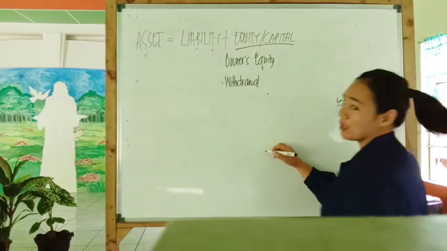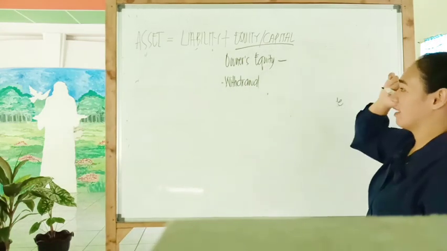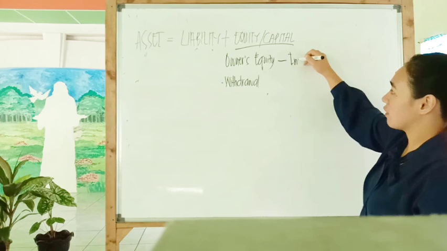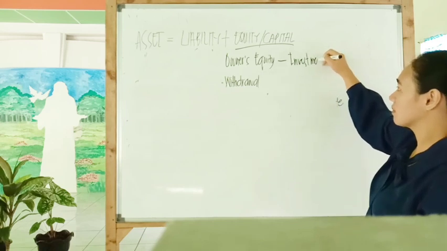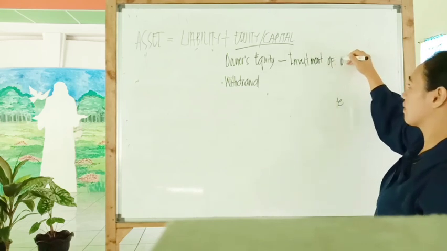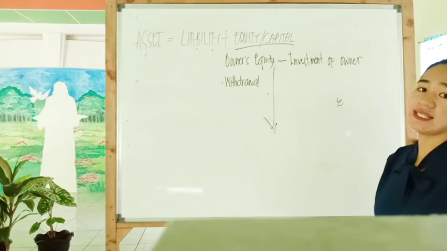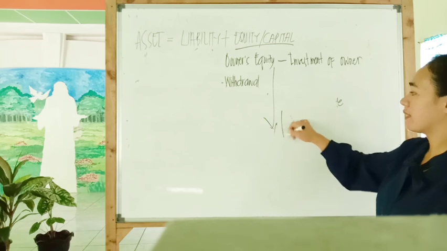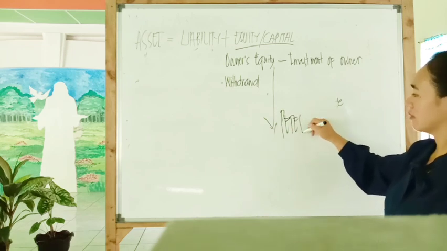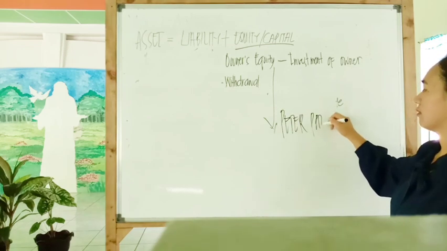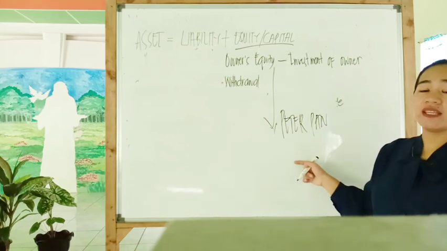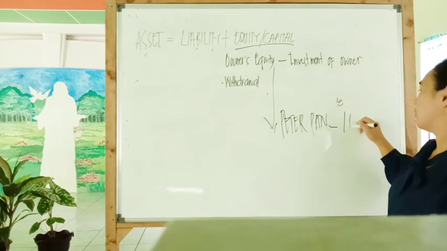Okay, so sa owner's equity, this is the investment of the owner. So halimbawa, ang owner ng business, si Peter Pan. At the beginning of the year, nagbigay siya ng 1 million.